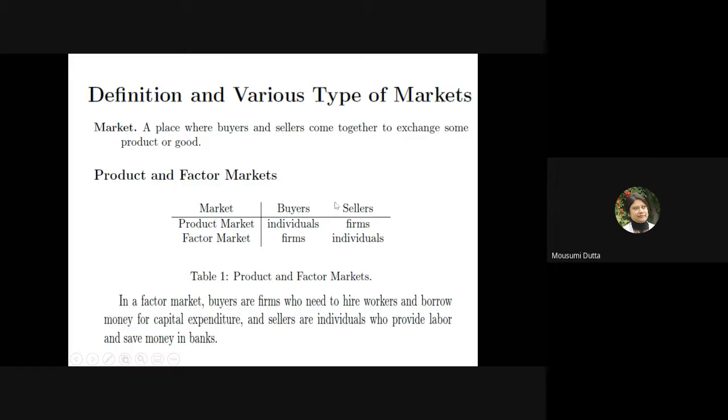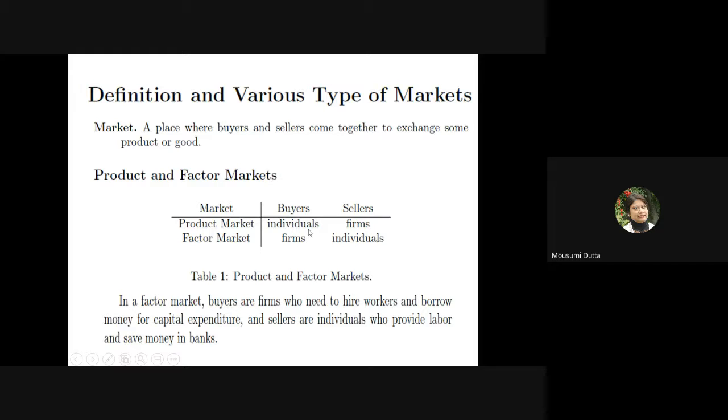We have two groups, two types of agents, buyers and sellers. In the product market, individual human beings or individual households are the buyers. They play the role of demanders. In the commodity market, we buy commodities.